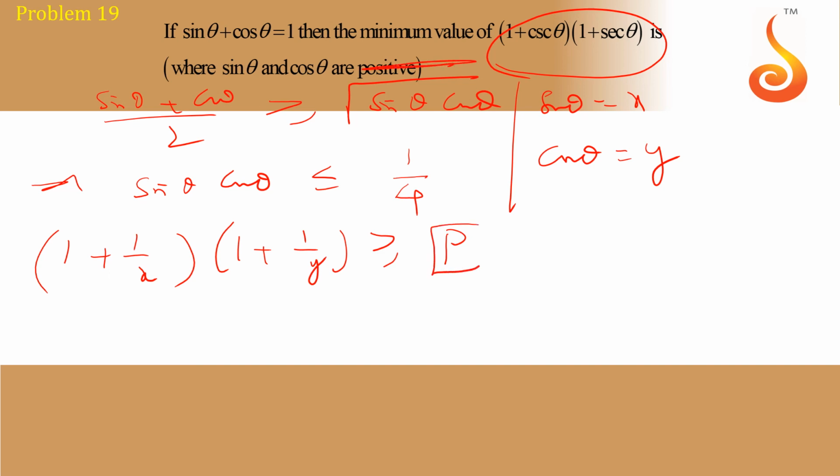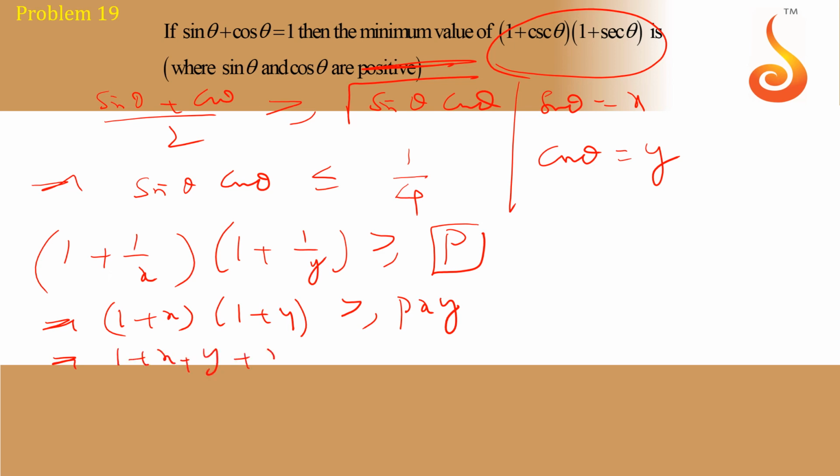So this p I want. So this is (1 plus x) into (1 plus y) greater than or equal to pxy. So 1 plus x plus y plus xy greater than or equal to pxy.